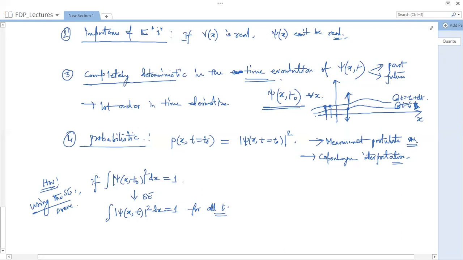So now if we start with a wave function which is already normalized, using the Schrodinger equation you can show that the normalization will be true for all time.